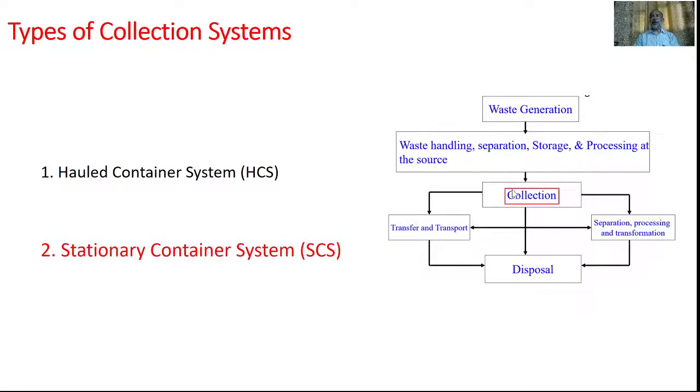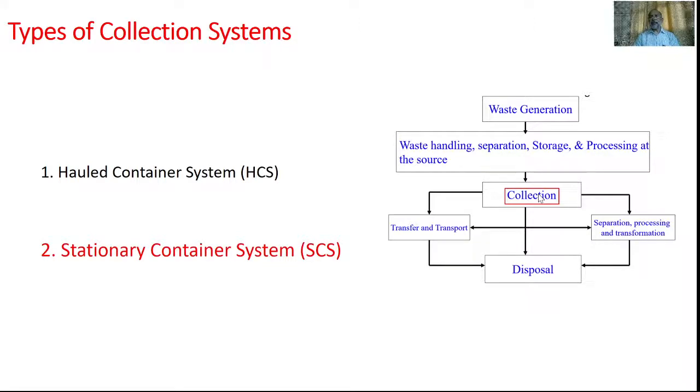from that particular community bin it needs to be transported to various places according to the design of that solid waste management system. Say for example, transfer station, disposal station, or processing station.